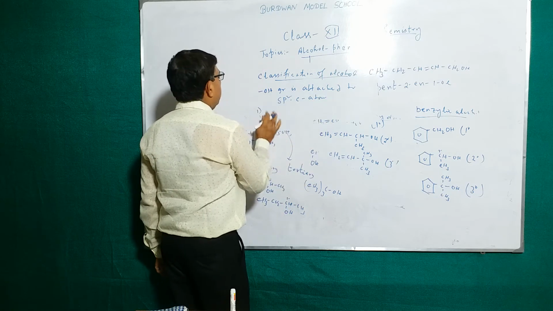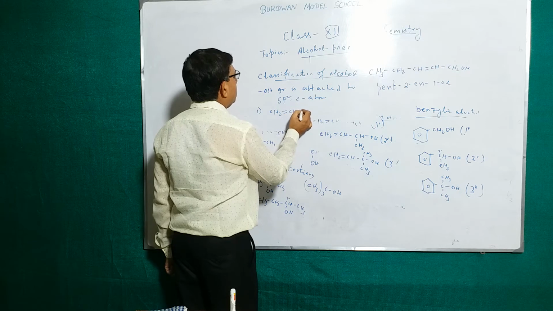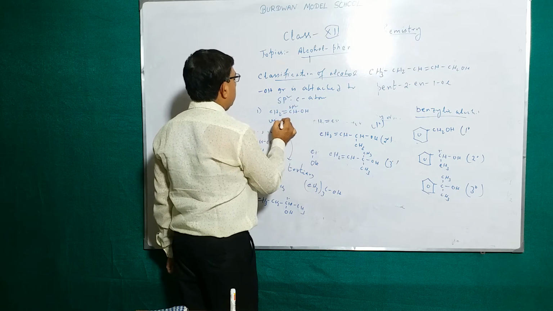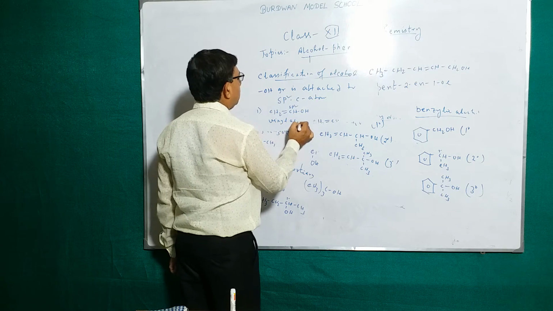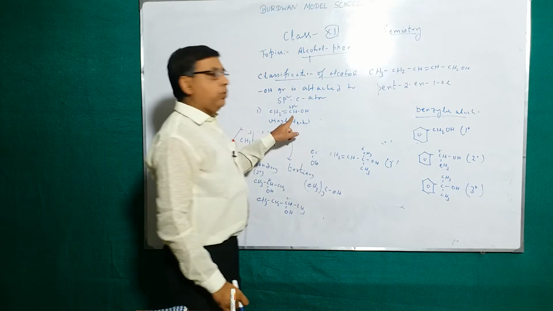For example, vinyl alcohol, CH2=CHOH. This carbon is sp2, and this is known as vinyl alcohol, where the OH group is attached to the sp2 carbon atom.